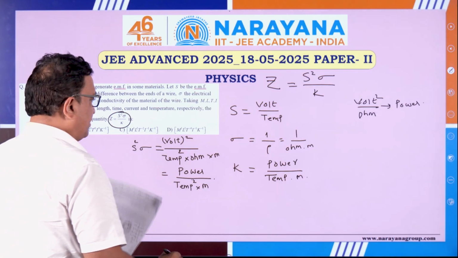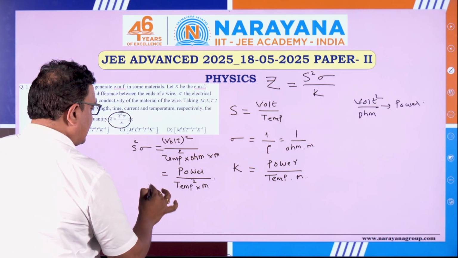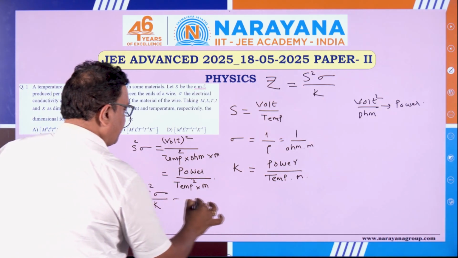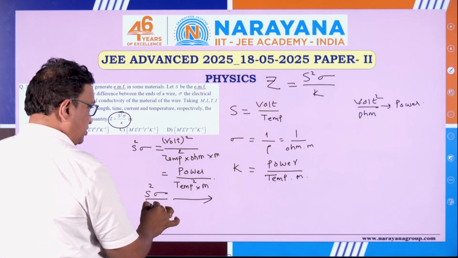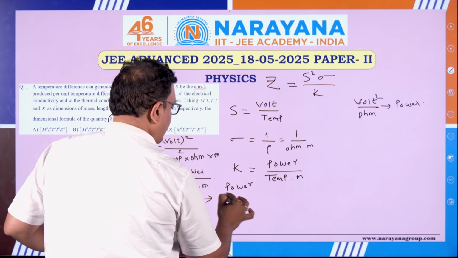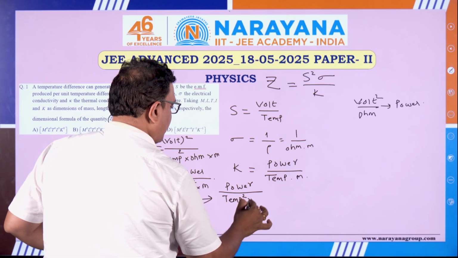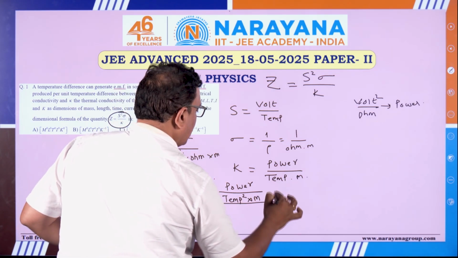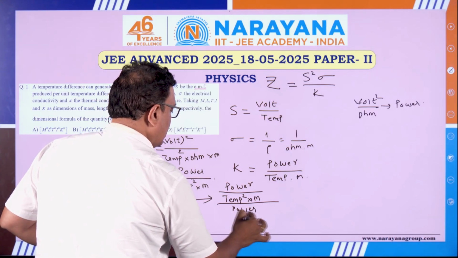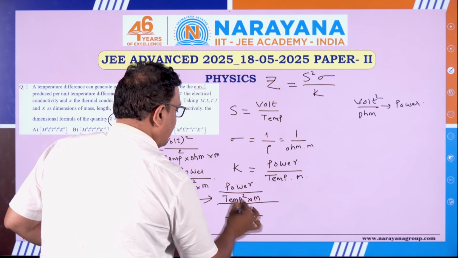So what is S squared sigma by K? This is power divided by temperature squared into meter, divided by again power divided by temperature into meter.